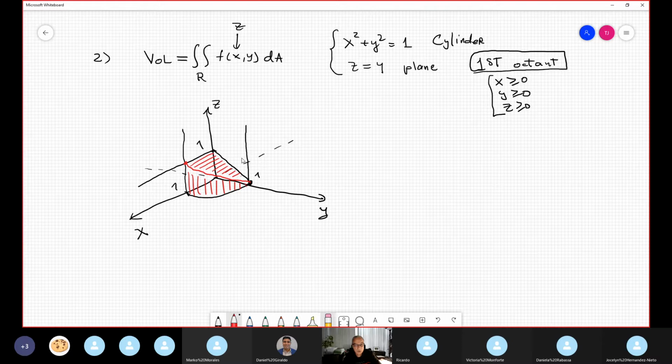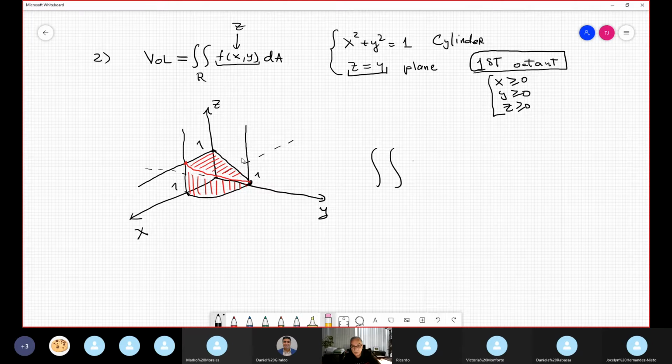So when you set up the volume of this solid using double integral, the integrand function that you put here inside is z, and z is equal y. You put z, or much better, you put y, because I want a function of x and y.